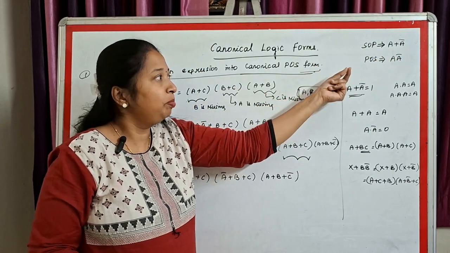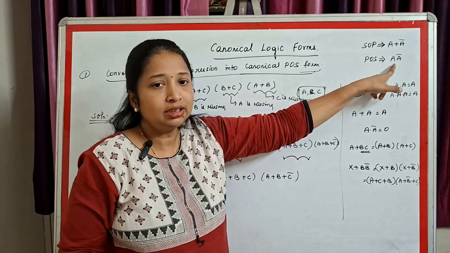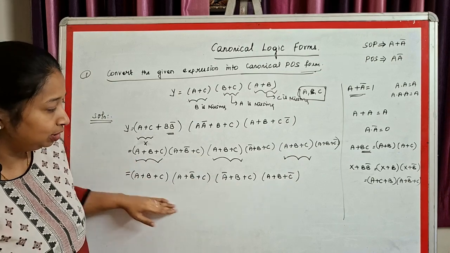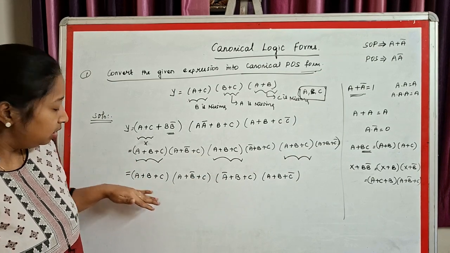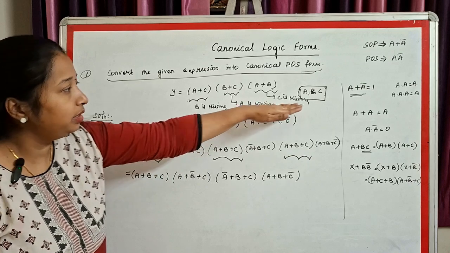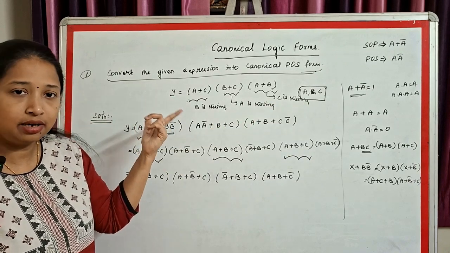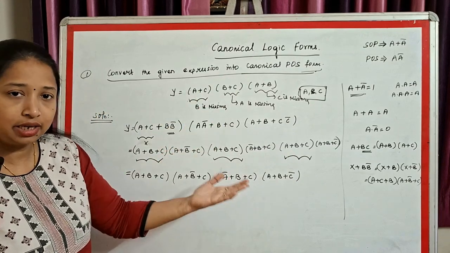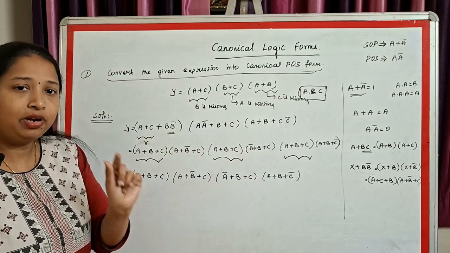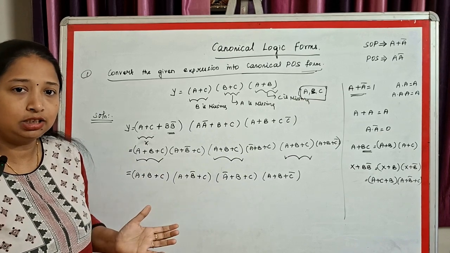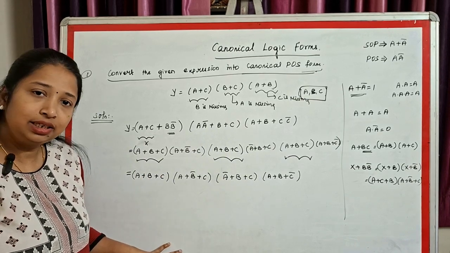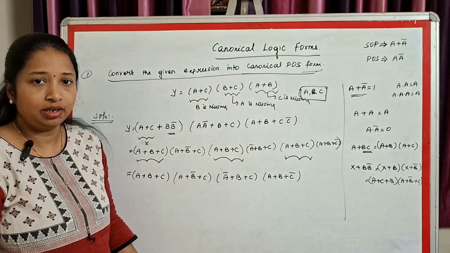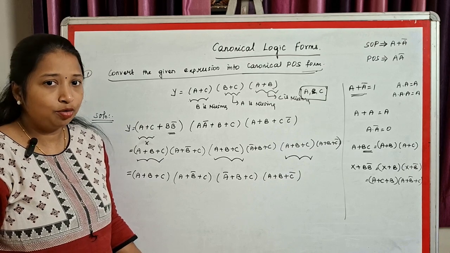And in case of POS, the missing variable has to be represented as A into A bar. Clear? Then take out your final expression and check whether you have all the three variables, or however many variables there are in the question. The final max term in case of POS, or min term in case of SOP, should have all the variables that have been given to you in the question. Is it clear? This is the canonical logic form. This is how you will be solving it. I hope you are clear with this concept.